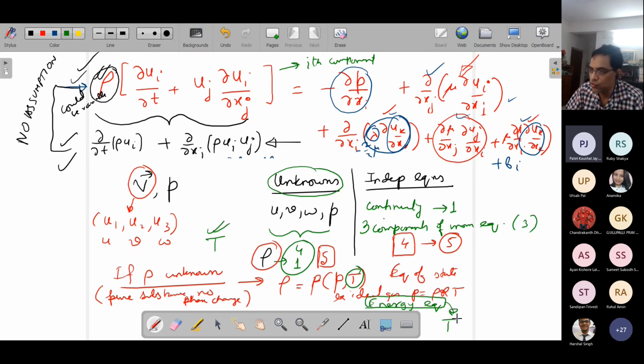So in the fluid mechanics course, of course, energy equation we are not discussing, but I am giving you a broad overview of how these equations are connected, when they are needed and when they are not needed.